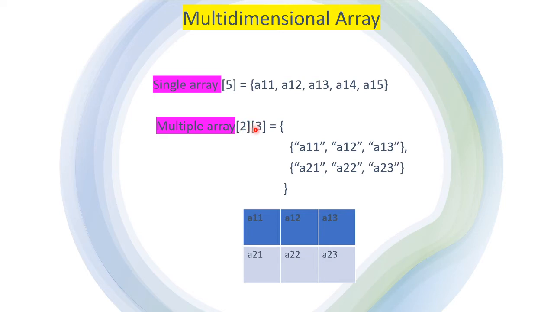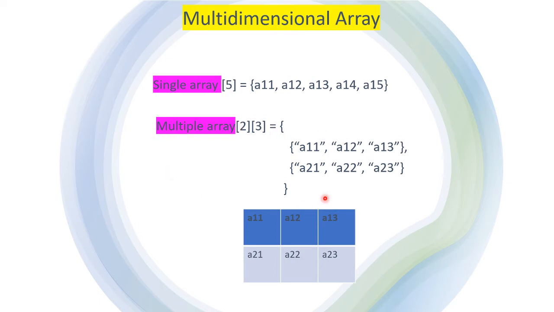And here you can see, we have A11, so this is on row 1, column 1. This is on row 1, column 2. This is on row 1, column 3. And when you come to A21, it's on row 2, column 1. A22 is on row 2, column 2. A23 is on row 2, column 3. So we have them this way.